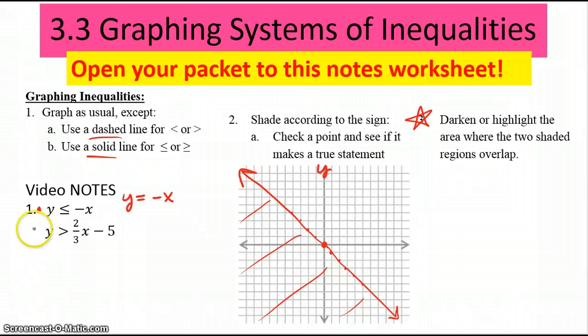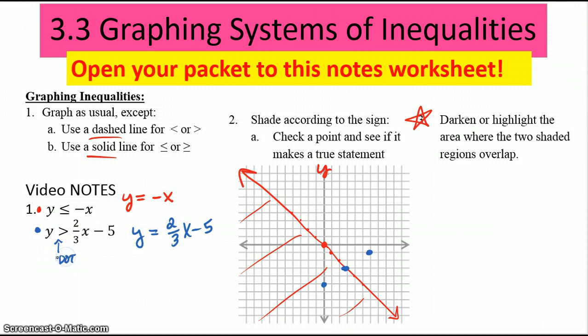Okay, now in blue I'm going to do the other one. So I'm going to graph y is equal to 2/3 x minus 5. So we're going to go down 5, put a dot, and then up 2 over 3. That's going to be a dotted line because it doesn't have the or equal to.